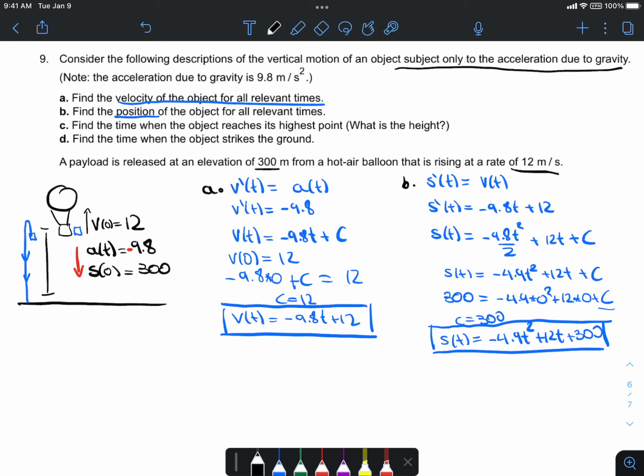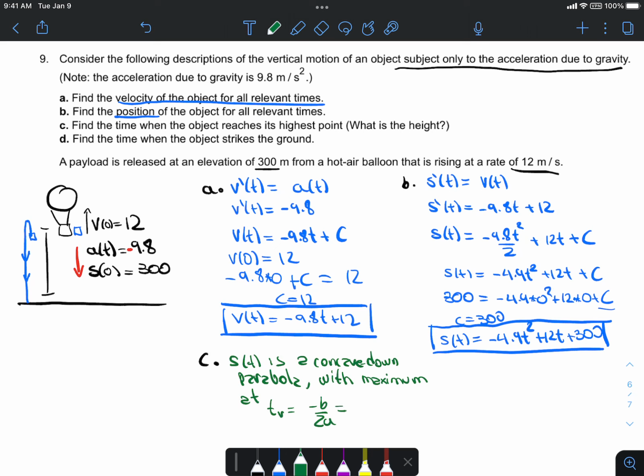So for C, s of t is a concave down parabola. And the maximum for this concave down parabola is at the x of the vertex, in this case the t of the vertex, because it's time, it's minus b over 2a. It's a formula you learn in pre-calculus.